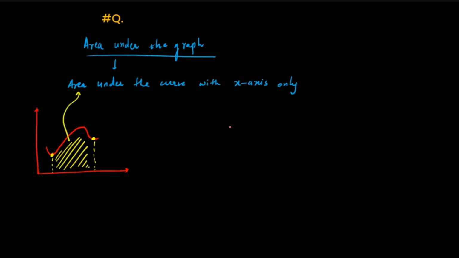Similarly, a graph can be of so many different types. Let's say the position is changing like that. So we have to find the area. How are we supposed to find the area? We find it by covering the area which is lying with the x-axis. That's it.